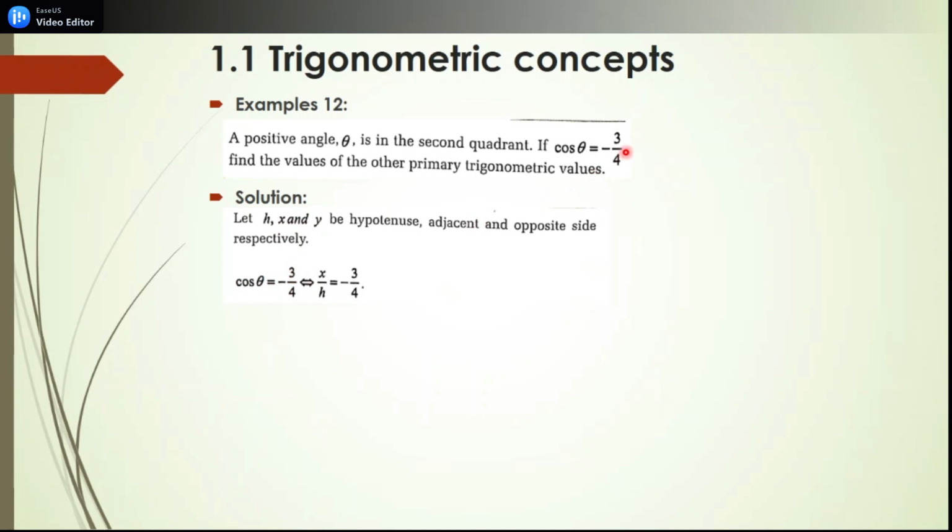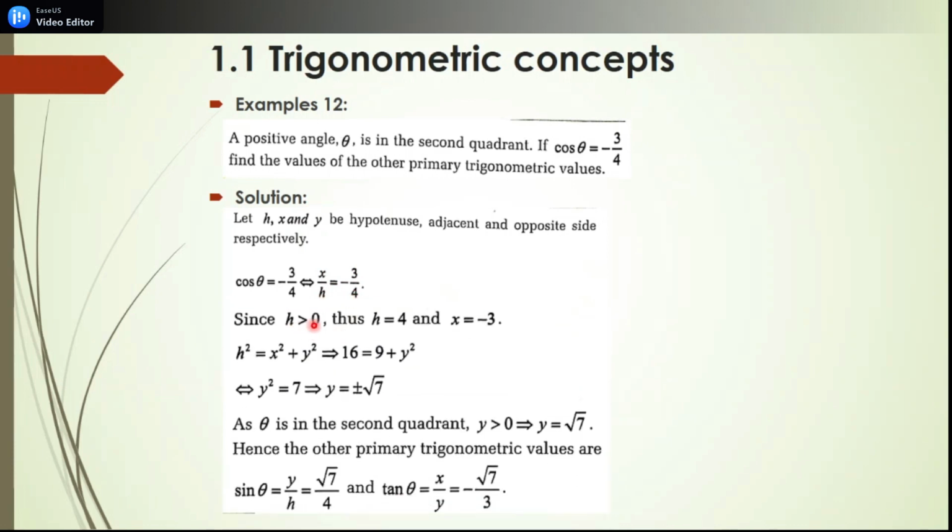Cosine is x over h, adjacent side over hypotenuse, equal to negative 3 over 4. This adjacent side is in the negative direction. X is in the second quadrant, meaning the negative direction, so x is equal to negative 3, then h is equal to 4.